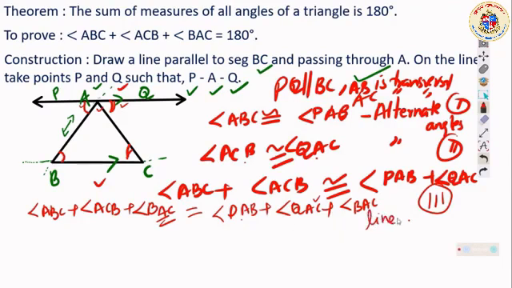They are on one line, which means this is equal to 180 degrees. Then what is on the left side? ABC, this one. ACB, this one. Correct? Then BAC, this one, that is the interior of the triangle, which is equal to 180. This one is also equal to 180.